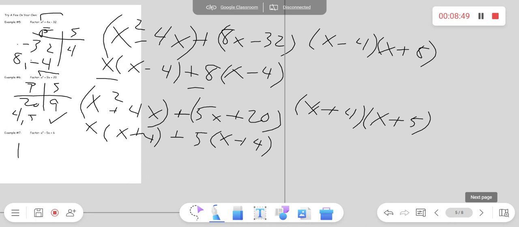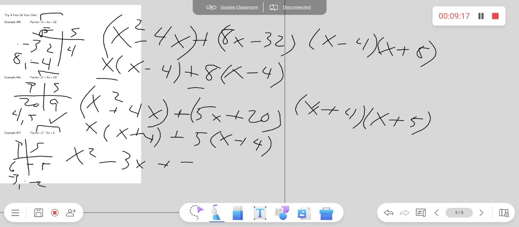It says I have a product of 6, and I have a sum of -5. Right? What's happening now is we're going to have x squared, right? It's going to be x squared, and we have a positive product, means I have a 3 and a 2, but they're not just regular old 3 and 2, they're -3 and -2, right? So I'm going to end up with -3x plus -2x plus 6, and I got to keep that negative there.